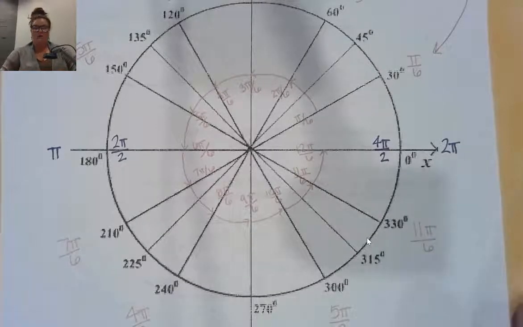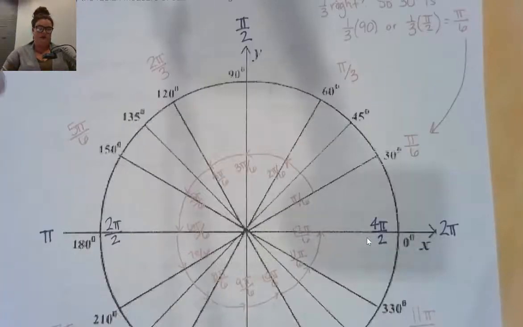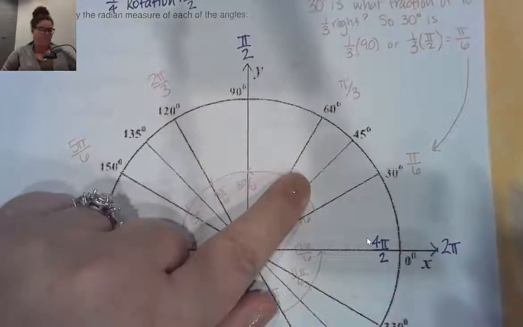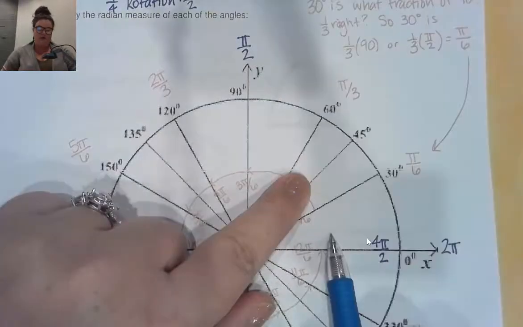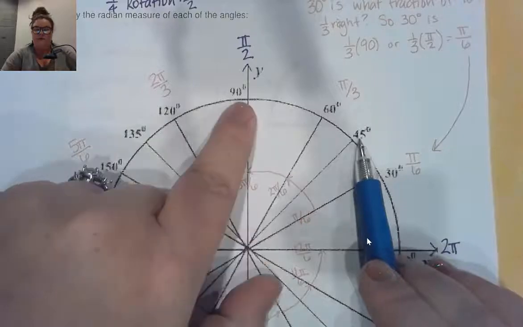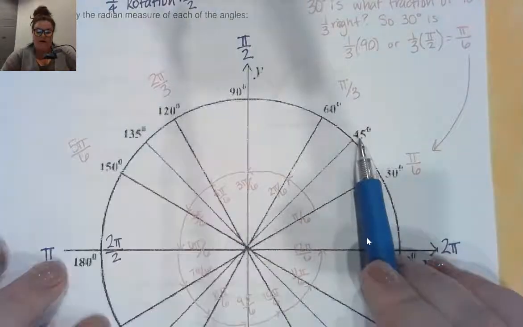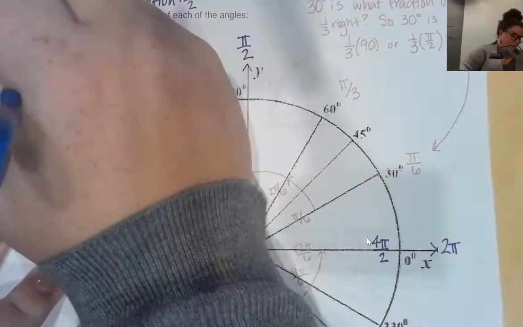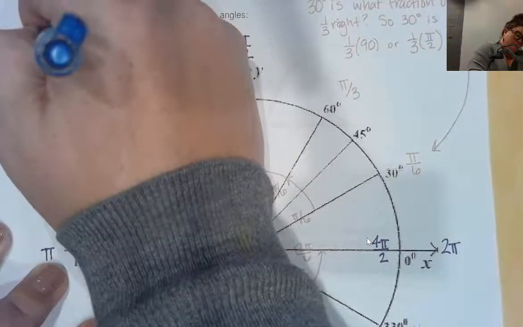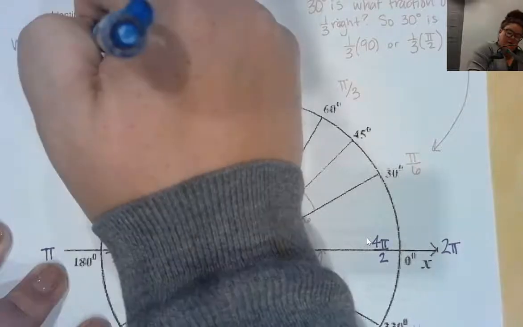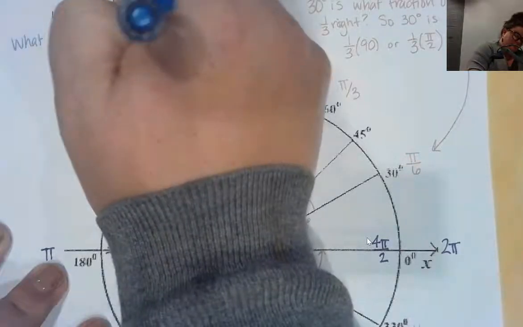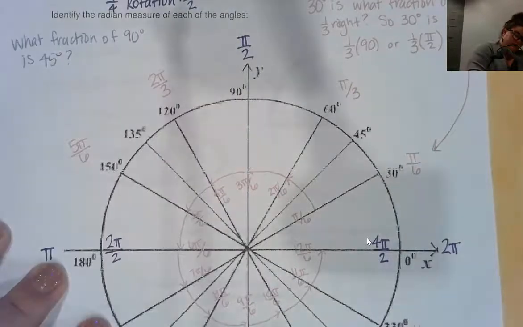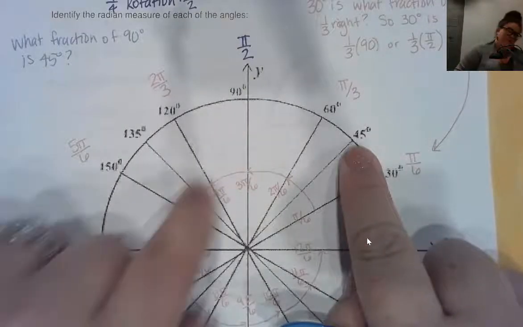Okay, so the only one that I have left to do is my 45 degree angles, right? So let's do it the same way we thought about 30 degrees. Let's think about 45 in terms of 90 degrees. What fraction of 90 degrees is 45 degrees?